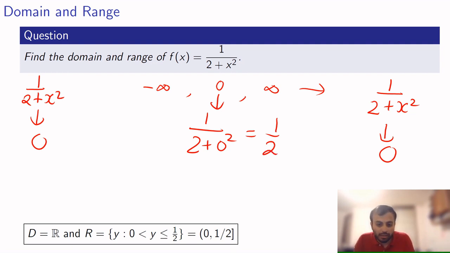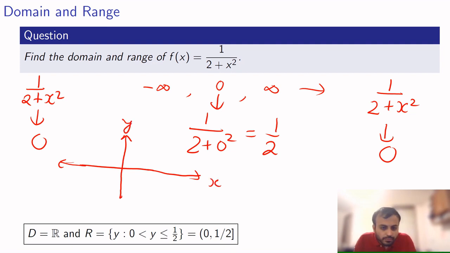So if you try to make a graph for this, let me use some other color. This is x, this is y. When you are at minus infinity, your value is somewhere around here.